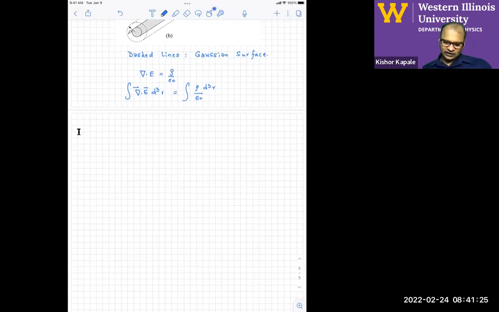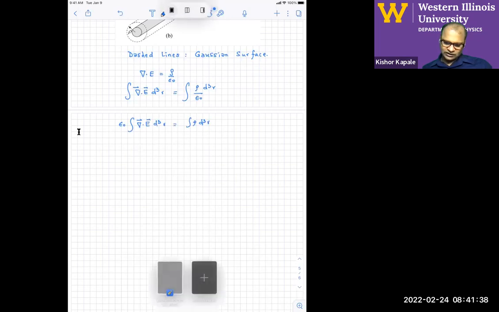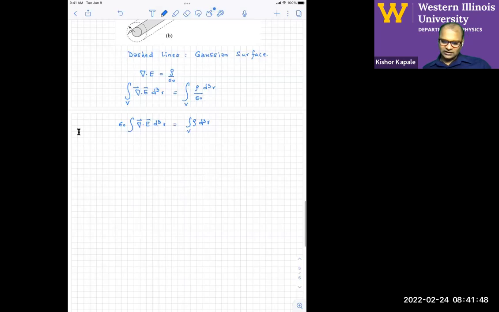Epsilon 0 you can of course take out, so I'm going to move epsilon 0 to the other side. You get the integral of divergence of E d cubed r equal to the integral of rho d cubed r. So it essentially becomes the total charge in a given volume. The volume is given, the volume is fixed, essentially.